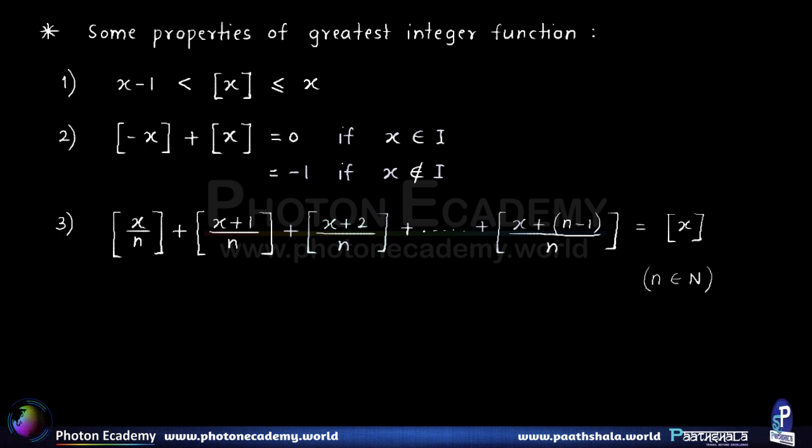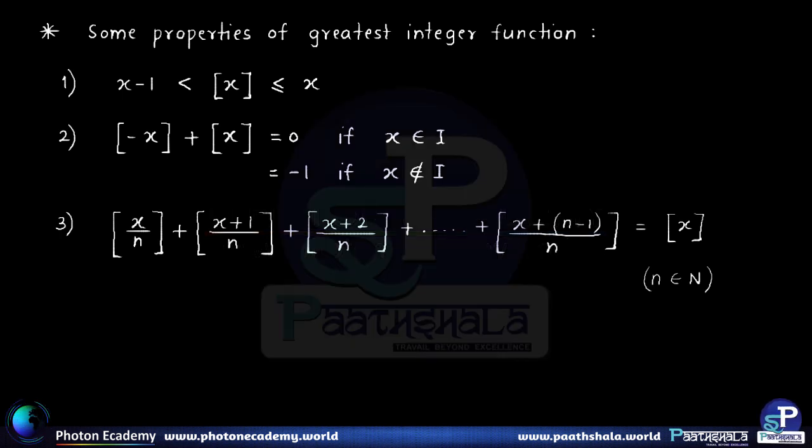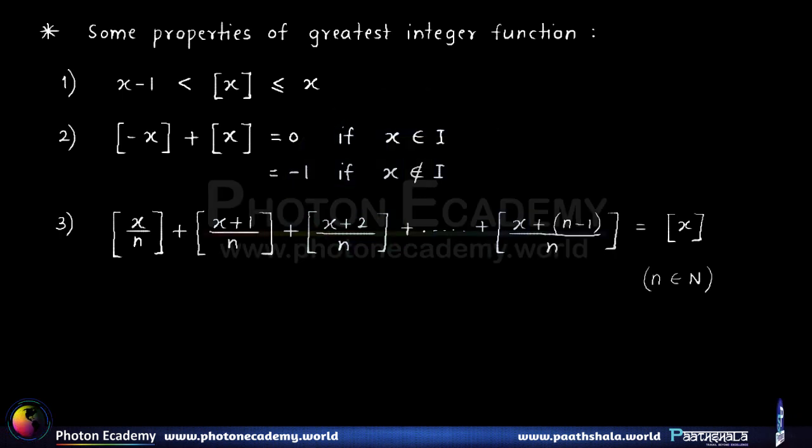That is, greatest integer of x by n plus greatest integer of (x plus 1) by n and so on up to greatest integer of (x plus n minus 1) whole upon n is equal to the greatest integer of x itself, and here n is a natural number. So these are some of the key properties of the greatest integer function.